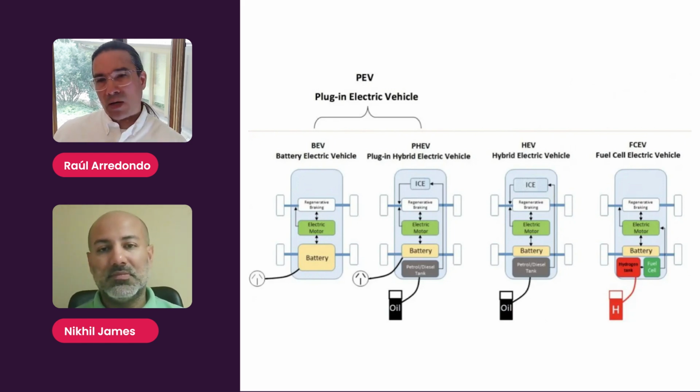When you think about hybrid vehicles, you're talking about different levels of hybrid, where they have a battery pack that allows them to operate as an electric vehicle for some period of time. And so you have mild hybrids, full hybrids.